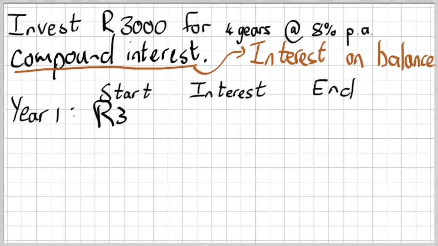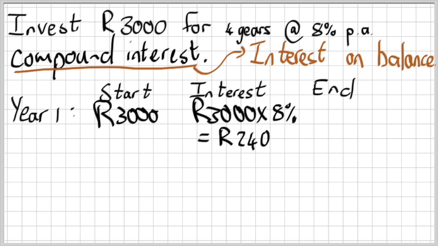In year 1, we start with 3,000 Rand. So how much interest am I going to earn? Remember, that's 8% on the actual balance at the beginning of the year. So in other words, it's simply 3,000 Rand times by 8%, which means 240 Rand interest.